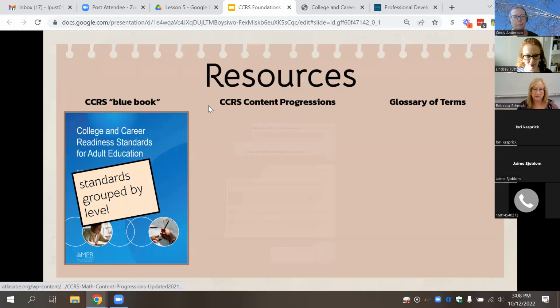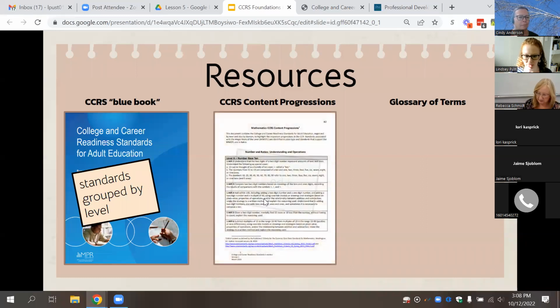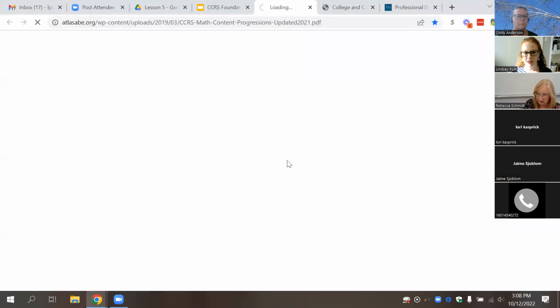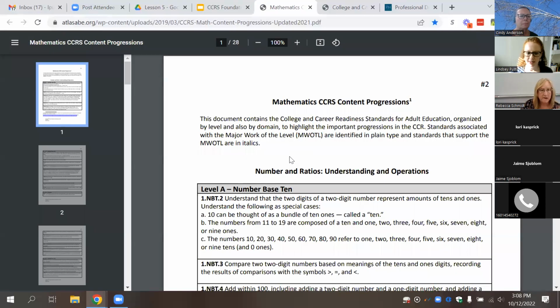The content progressions document is useful because it groups the standards by topics and domains. So this one is nice to kind of see how standards in different grade levels and CCRS levels build on one another within the same topic and similar domains.